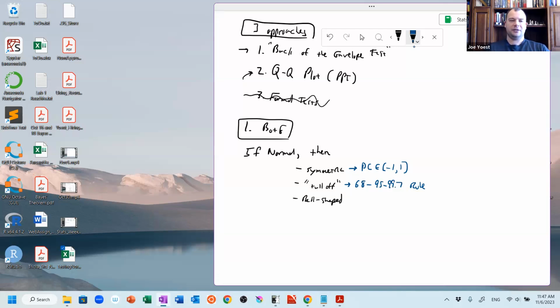If I look at the proportion of data points that are within 1 sample standard deviation of the sample mean, then I expect that to be about 68% of the sample size. Similarly with 2 standard deviations and 95%, 3 and 99.7%. And then bell shape, just looking at the histogram.